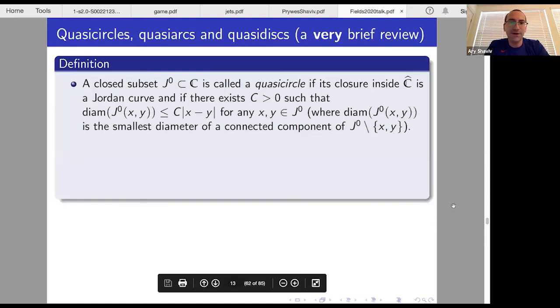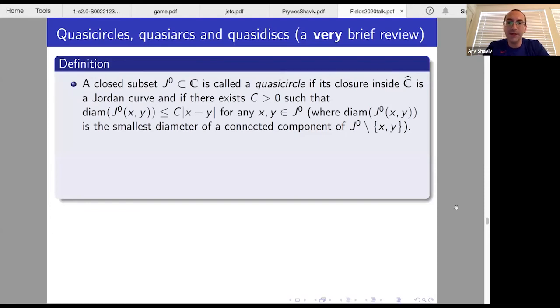A quasi-circle is a closed subset of the complex plane such that if you look at its closure in the Riemann sphere, then this is a Jordan curve. And moreover, if you take any two points on your quasi-circle and look at their distance, it controls from above the diameter of the smallest connected component of J0. How do you explain it?